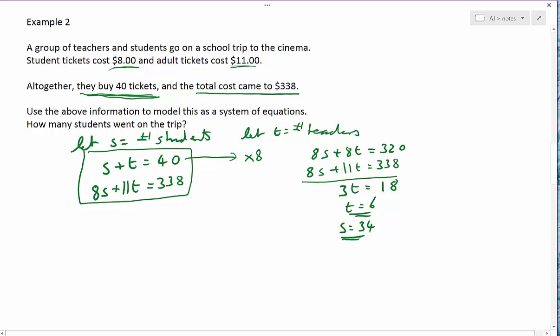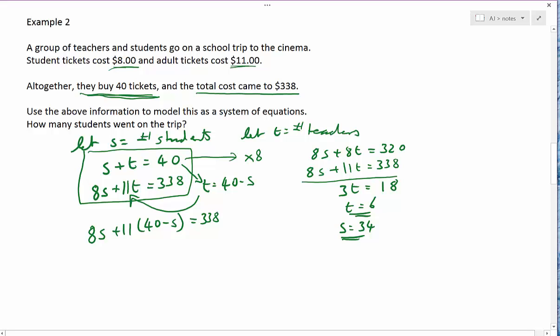An alternative way to do it is to do something called substitution. If S plus T equals 40, then T must be 40 minus S. The number of teachers is 40 minus the number of students, since altogether there are 40 of them. And we can use that fact and substitute it into the second equation. So 8S plus 11T, but T is just 40 minus S, equals 338.